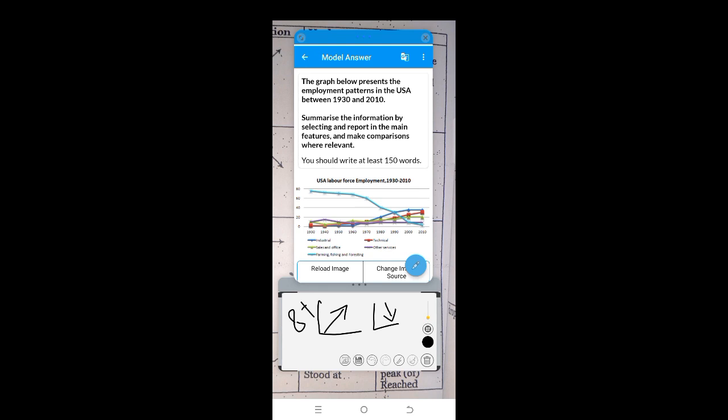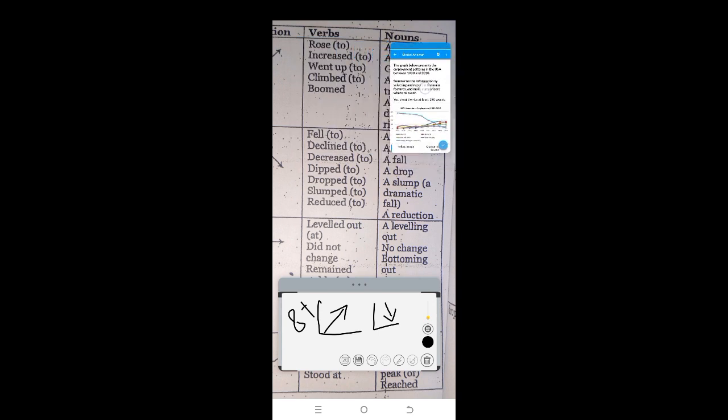So we can see that whenever there is a question on a graph, there is always something which is going upward and always something which is going downwards. So these are the words.